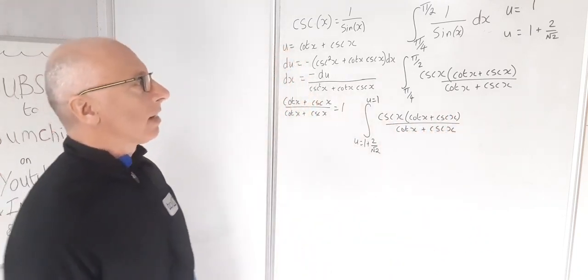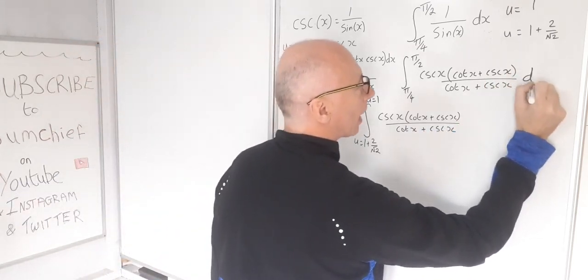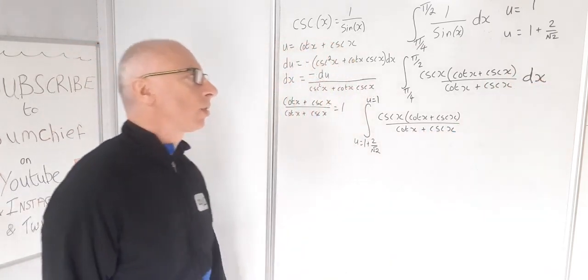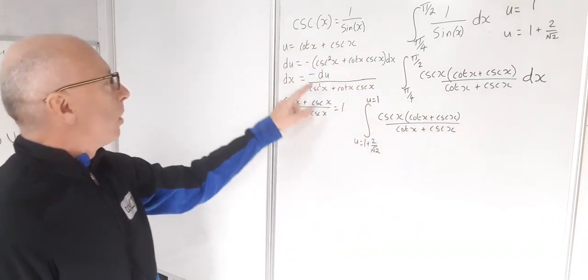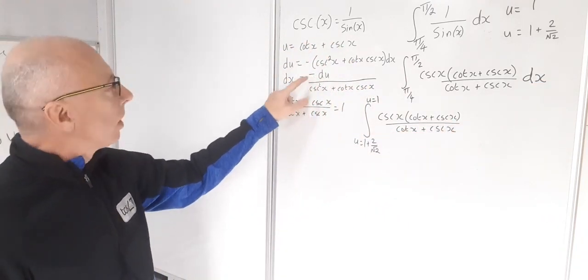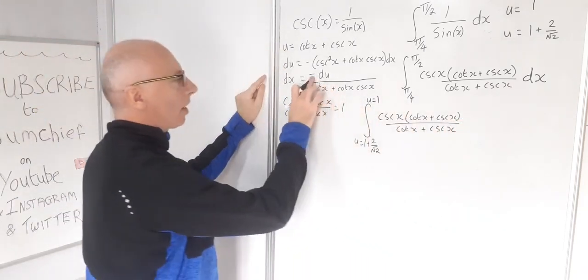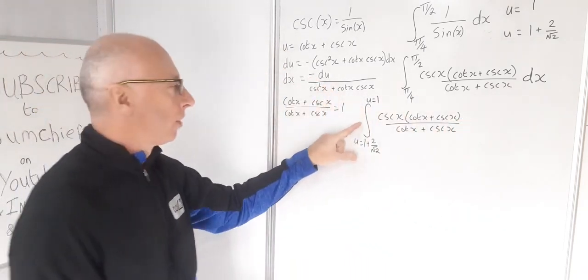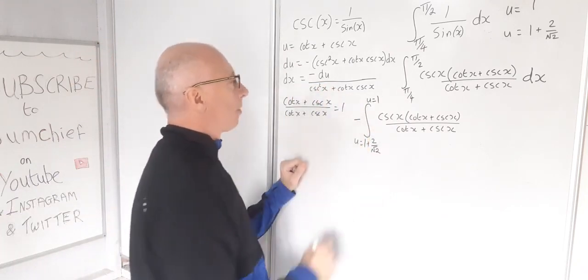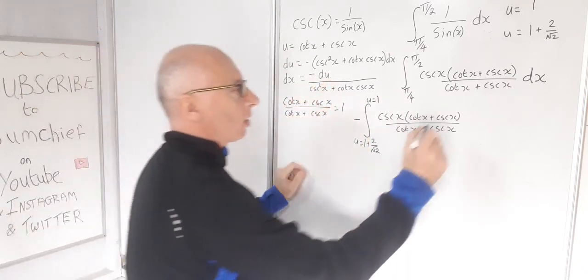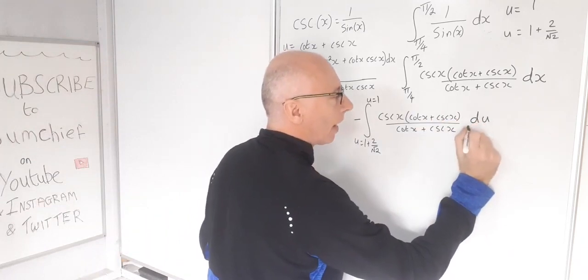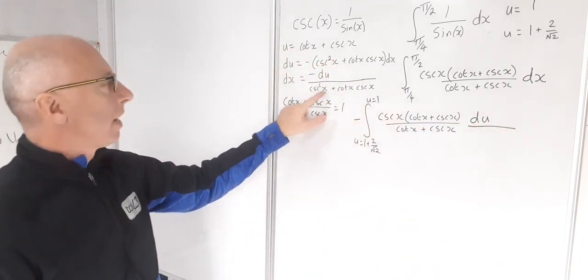Now our dx, let me just put that dx back in there, that's breaking all the rules. So our dx we know is going to be this. So let's just write this in there for now. So our minus sign, I'm just going to bring that out front. That's fully legit. And now I'm going to put my du, and I'm going to divide it by this.